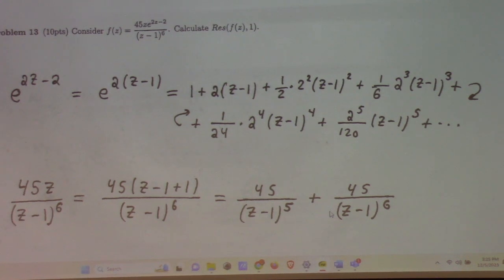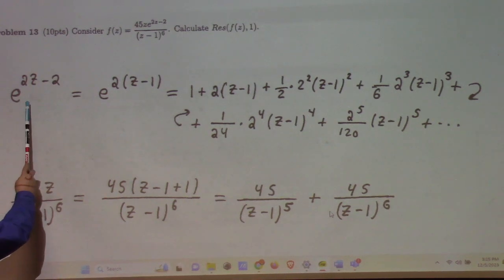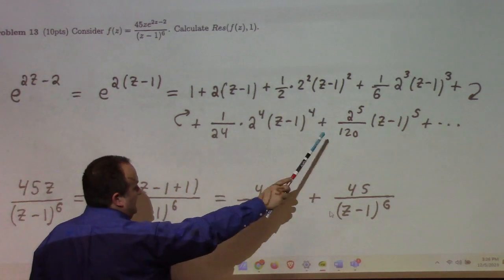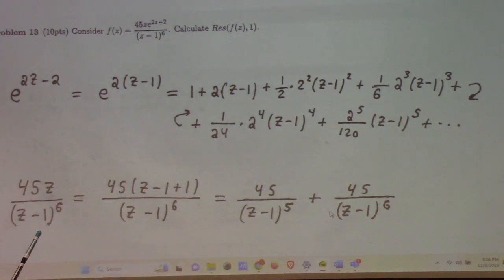So this 2 times 2 to the z minus 2 is really 2 to the z minus 1. So that has this natural expansion in terms of z minus 1. I really didn't need to write out all of that to do the calculation. I wrote all of that out to convince you what's going on, okay? That's what you're up against for that term.